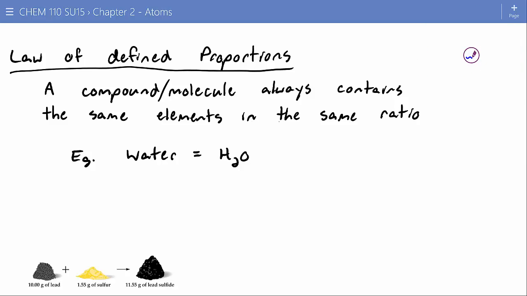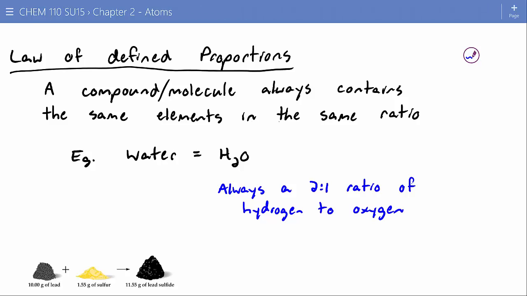And what this means is that there's always a 2-to-1 ratio of hydrogen to oxygen. Right, it's a defined rule. If we added on a different atom, we would make a different molecule. It wouldn't be water anymore. Same thing with removing atoms.